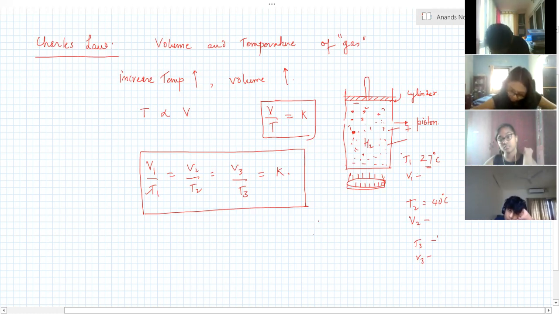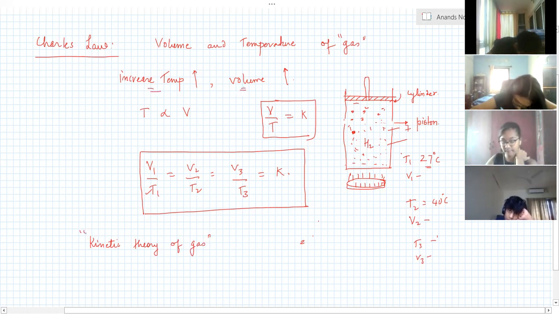Yes, so this is the stepping stone for what is called the kinetic theory of gases. I don't want to bombard you with a lot of information, but this temperature-volume dependency has actually given us a lot of insight into the motion of gases, and what we call the kinetic energy possessed by the atoms or molecules of a gas.